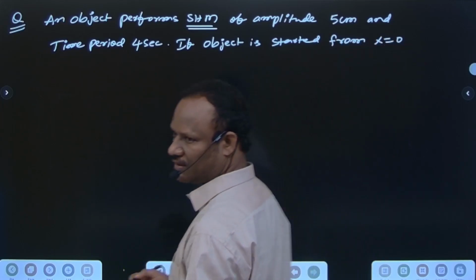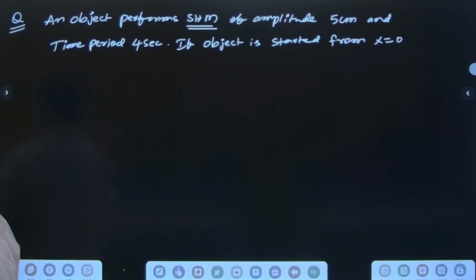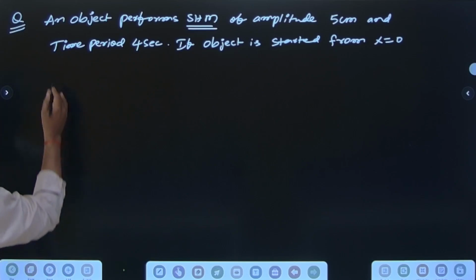X equal to 0 means what? Mean position. Okay, started from x is equals to 0, then calculate.